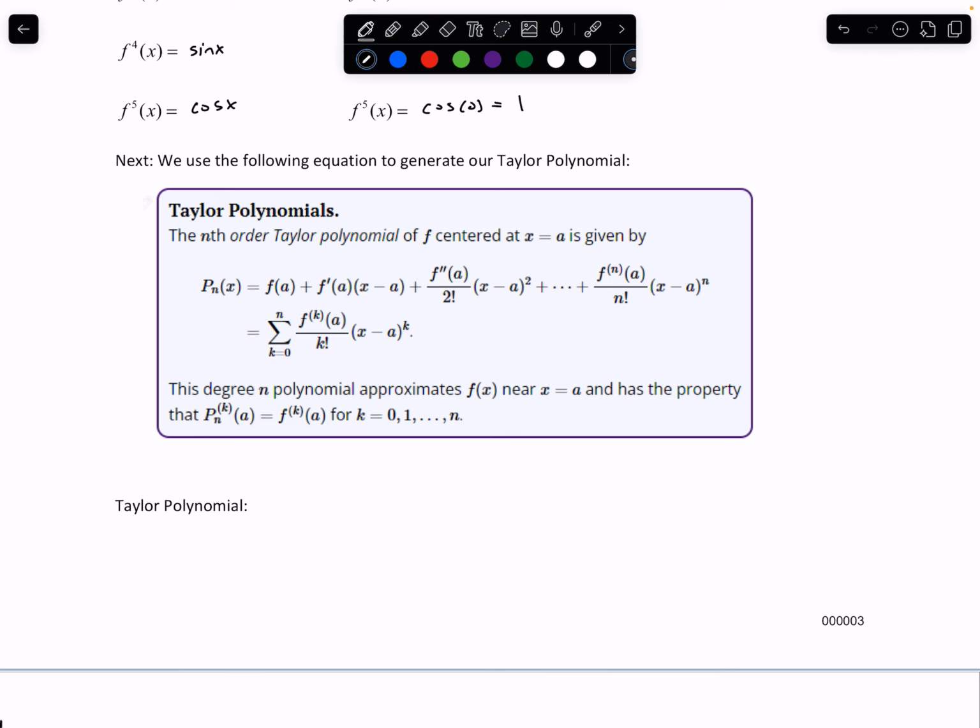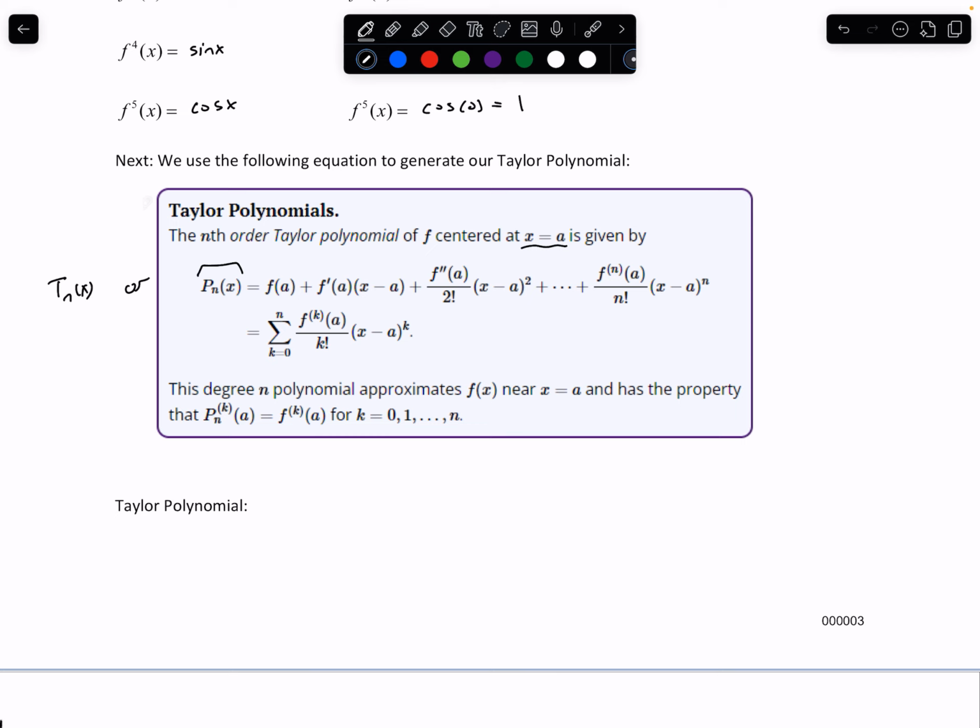It says this: the nth order Taylor polynomial centered at x equals a, they have to tell you where it's centered, is the following. We use the phrase P sub n of x. P for polynomial. Sometimes you'll see T sub n of x for a Taylor polynomial.